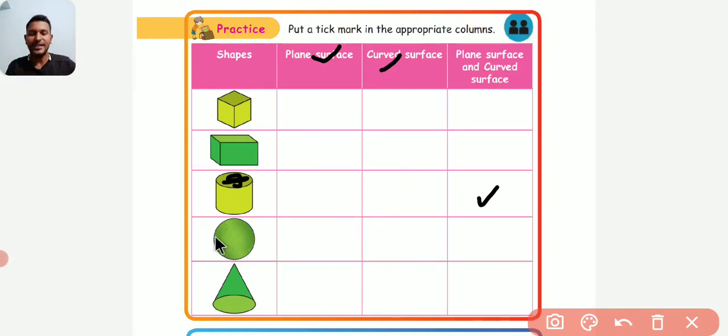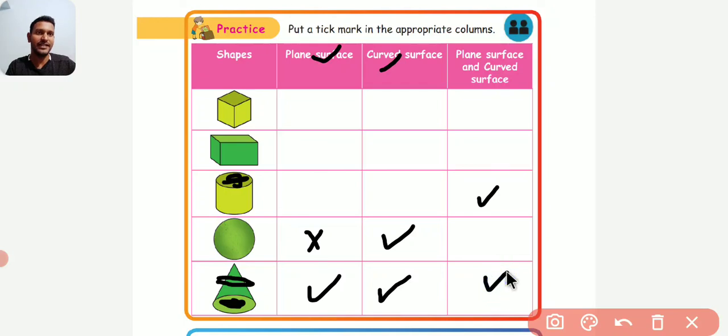Here we have sphere, does it have any flat surface? There is no flat surface. It has only curved surface. In cone, at the bottom it has flat surface, therefore it has plane surface, and at the top you see it is curved, therefore it has curved surface. Therefore it has both surfaces.